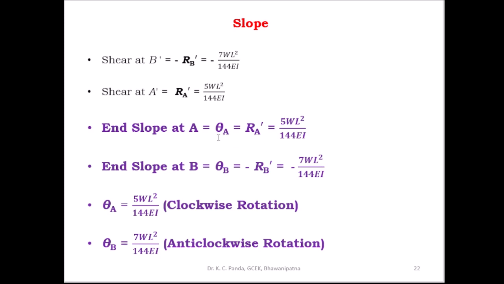So here you see theta A is equal to 5 WL square by 144 EI, a positive value, so the rotation takes place in the clockwise direction. And theta B is equal to minus 7 WL square by 144 EI; due to the negative sign, the rotation takes place in the anti-clockwise direction. So theta B is equal to 7 WL square by 144 EI, anti-clockwise rotation.